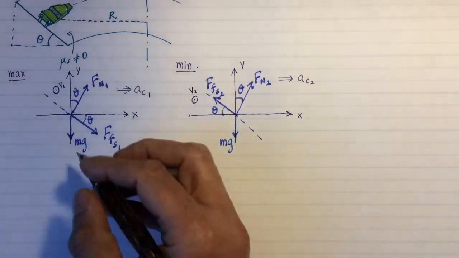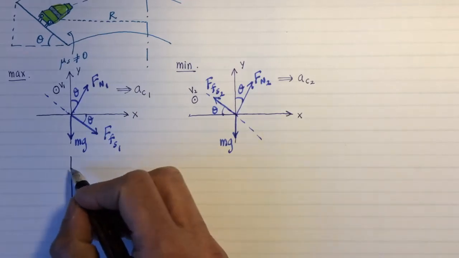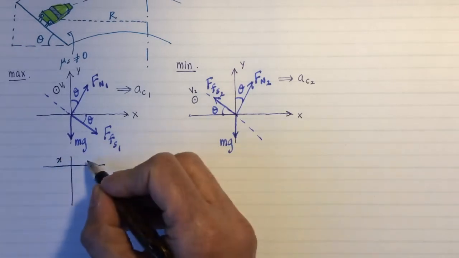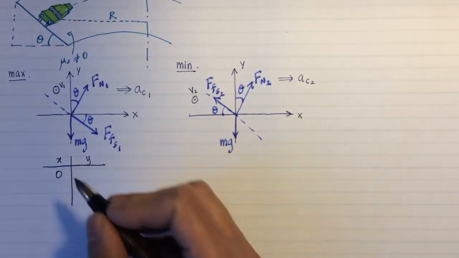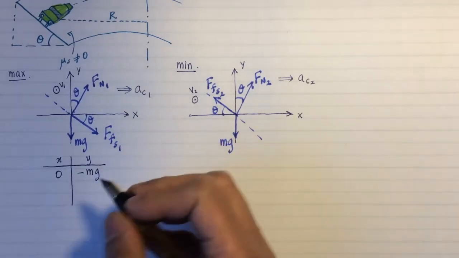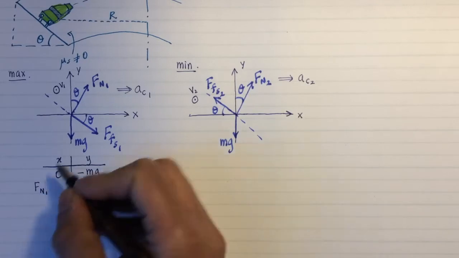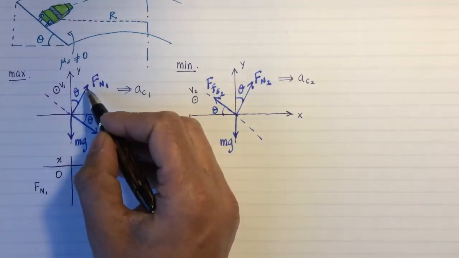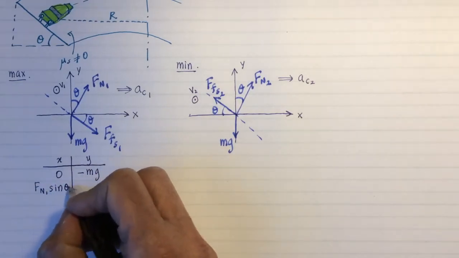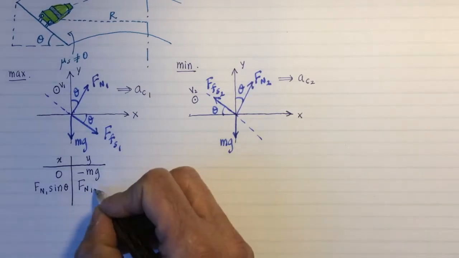Let's fill up the force tables for the maximum case first. Gravity, the force of normal has got x component in the opposite direction as theta, so it's going to be sine theta, and y component is cosine theta.